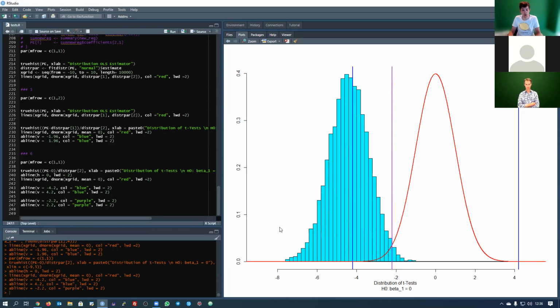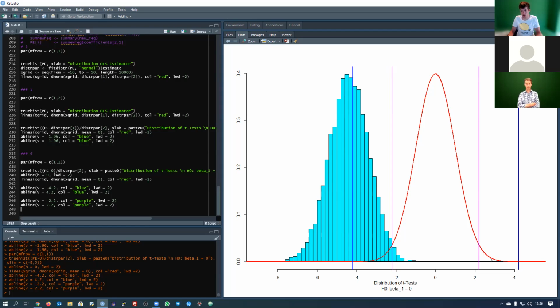And in this case, the p-value would be this area on the bottom left, under the red curve, left of the purple line, and under the red curve, right of the purple line. And these two areas add up to roughly 2.8%. So still a value smaller than your standard significance level of 5%. So you can still reject the null hypothesis of beta 1 being equal to 0 at the 5% level.